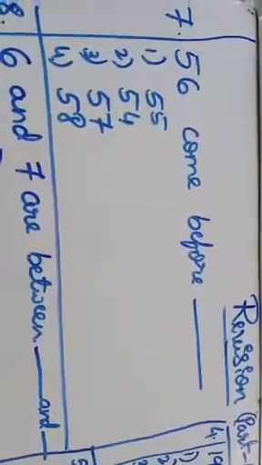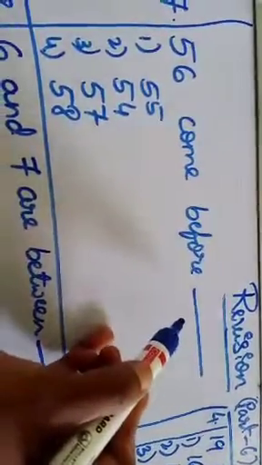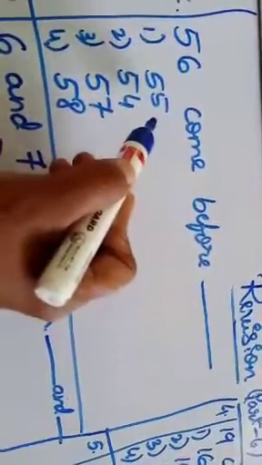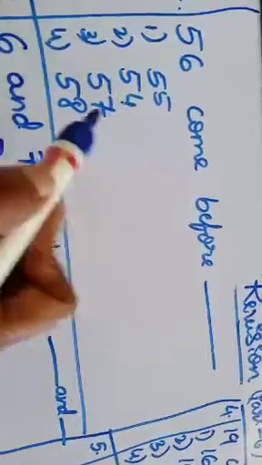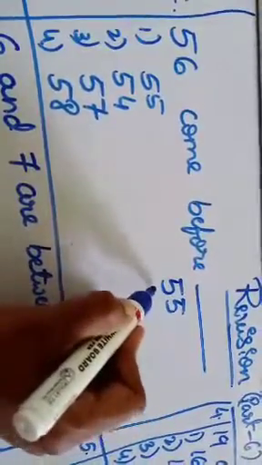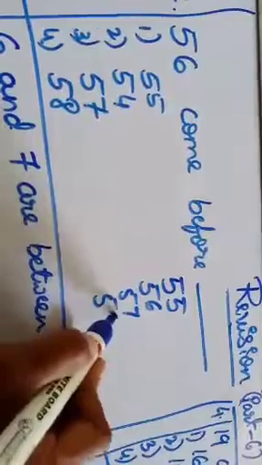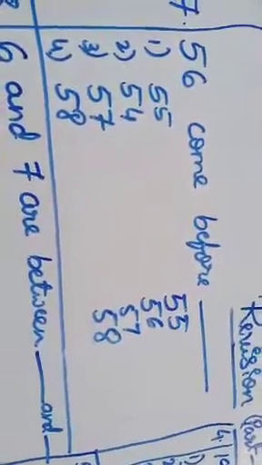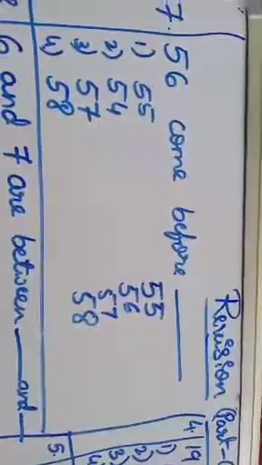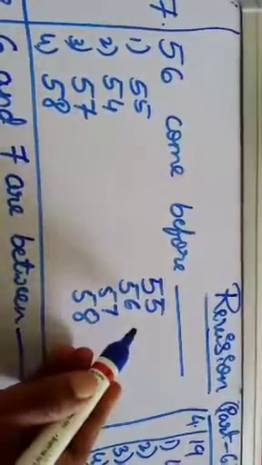The next one is 56 comes before dash. Options are 55, 54, 57, 58. So let's write here 55, 56, 57, 58. So here we have to find out 56 comes before which number?